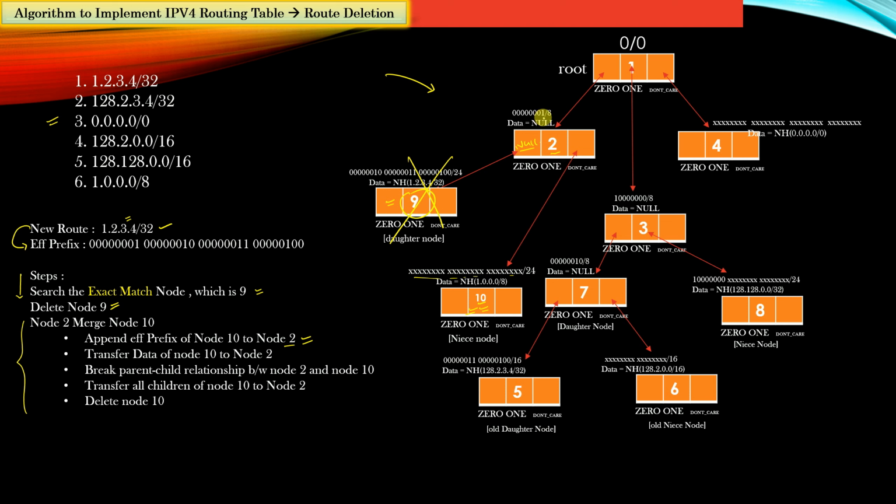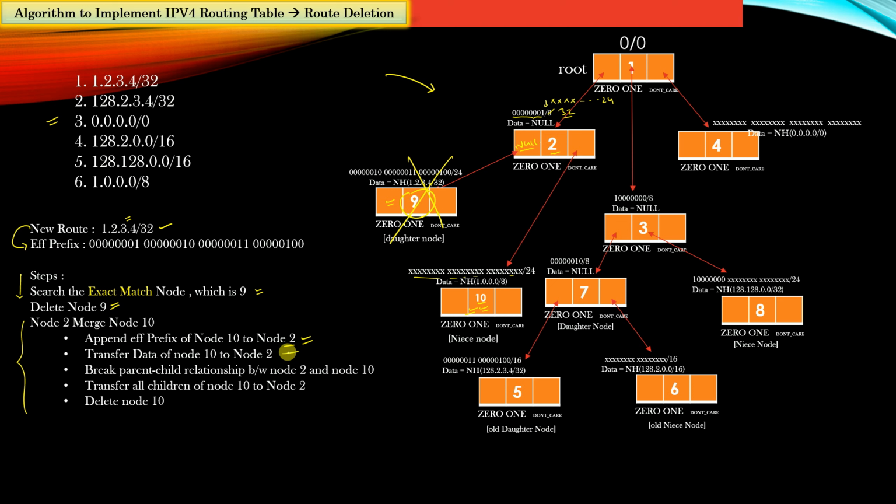So the effective prefix of the node 2 would become the effective prefix which it already has, appended by the 24 don't care bits. Since you are merging 24 don't care bits into the effective prefix of the node 2, the prefix length of the node 2 would become 8 plus 24, which is 32. So the effective prefix of the node 2 is 7 times 0, then 1, and then 24 don't care bits.